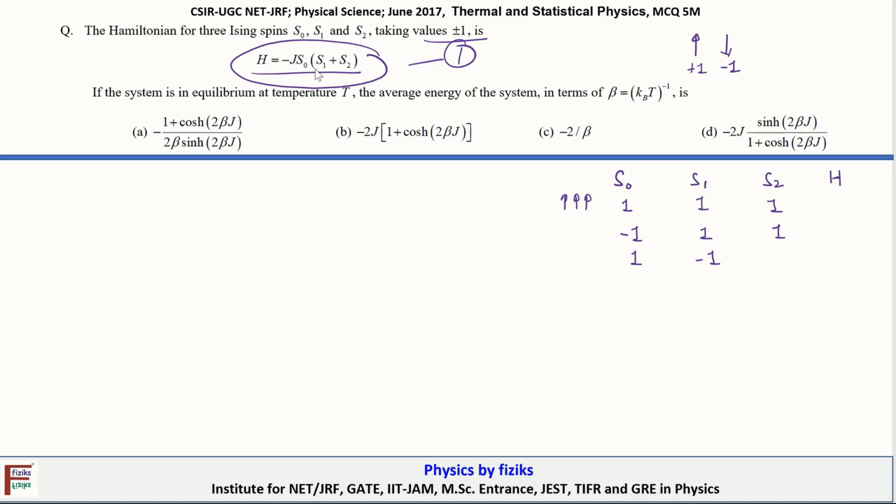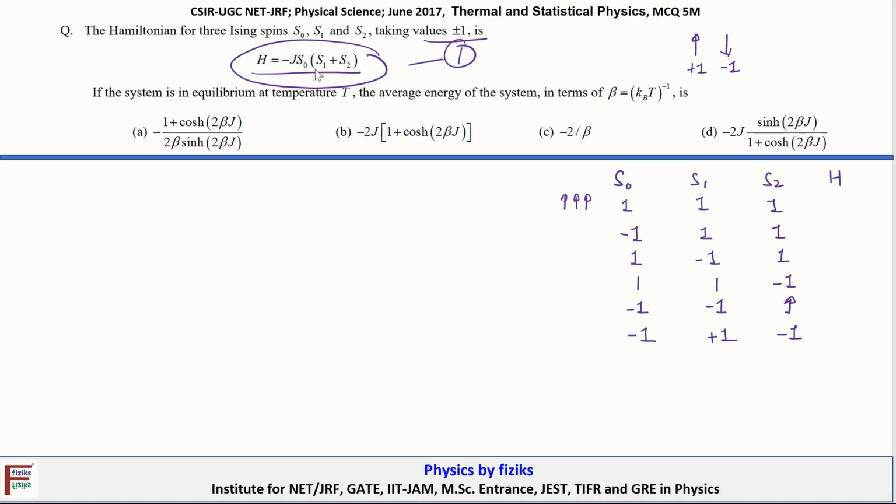minus 1, and then plus 1. Then the next option: 1, and the third one is pointing in the downward direction. Now the other option: 2 pointing in the downward direction, and 1 pointing in the upward direction. So minus 1, plus 1, minus 1.